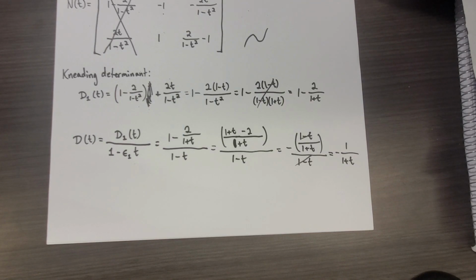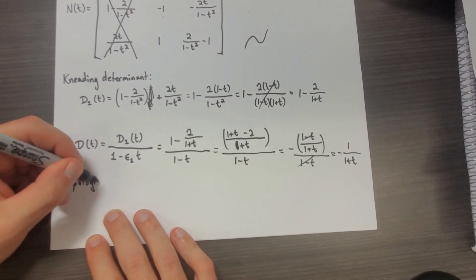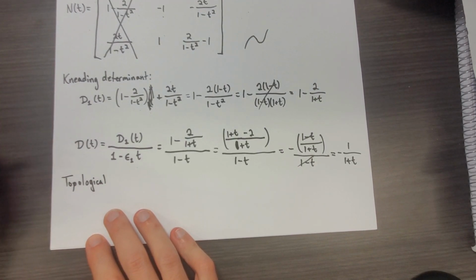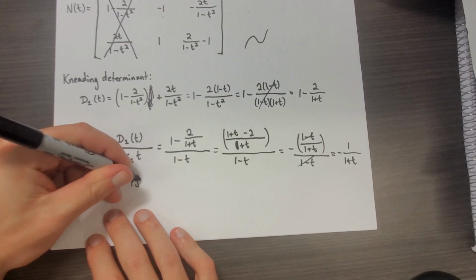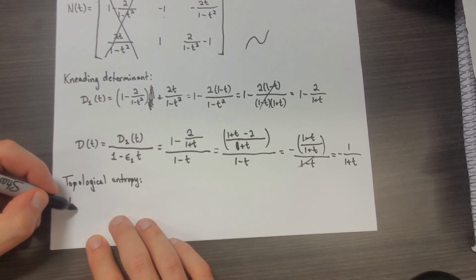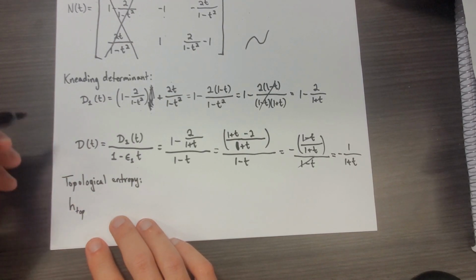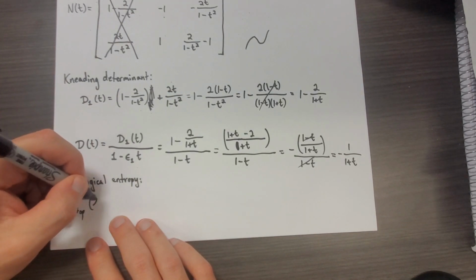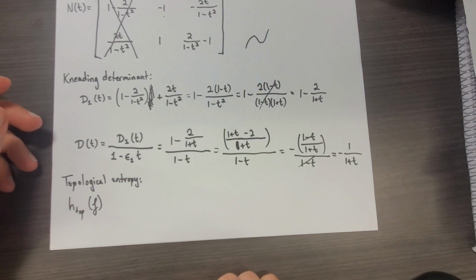I have one tool that comes from the kneading determinant I can use, which is called the topological entropy. If you'll remember from the review sheet at the beginning with all the formulas, the topological entropy is written h sub top. h is common notation for entropy, and top is short for topological, of the function f, which is the cubic that we had the graph of.